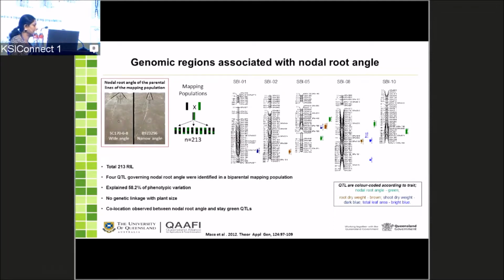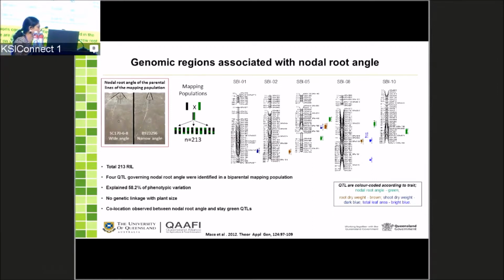These QTL explain around 58% of the phenotypic variation. There was no genetic linkage between the nodal root angle QTL and plant size QTL. However, these nodal root angle QTL co-located with stay-green QTL.